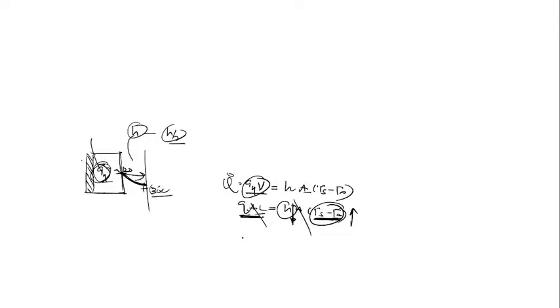So what I'm saying to you, let's say Ts dash is the new one. Ts dash minus 30 is 2 times Ts minus 30. 2 into 130 minus 30, it means 200.